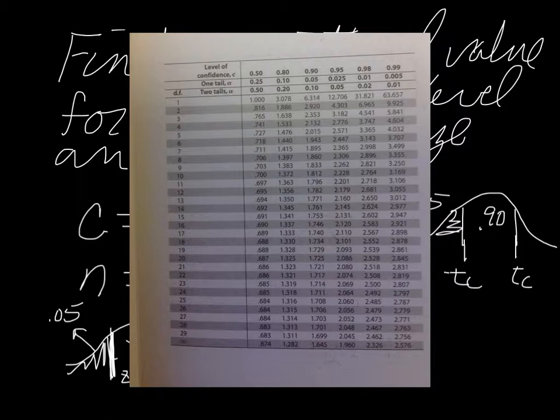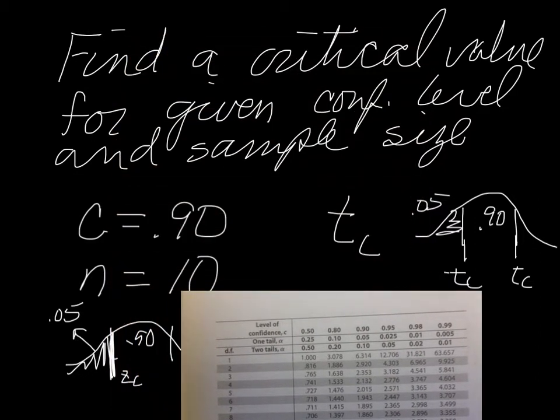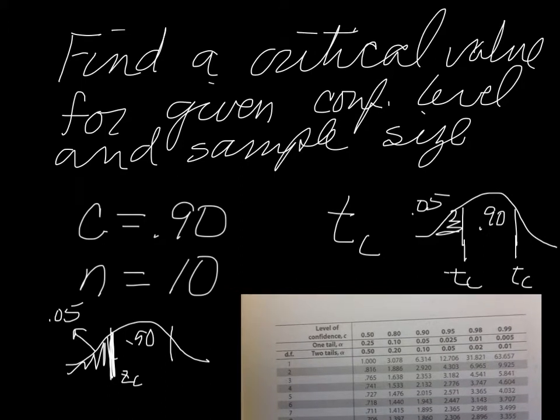And what I want to tell you is that based on this confidence interval table, what we see at the top is what's called the level of confidence. And so if our level of confidence is 90%, then I just need to look at the 90% column.